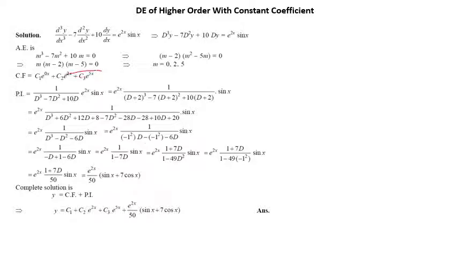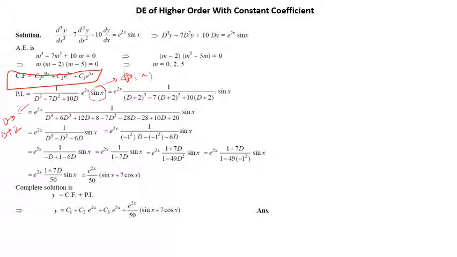This is CF. Now PI for this, since this is phi x, e to the power 2x, replace D by D plus a. In this term, replace D by D plus 2.